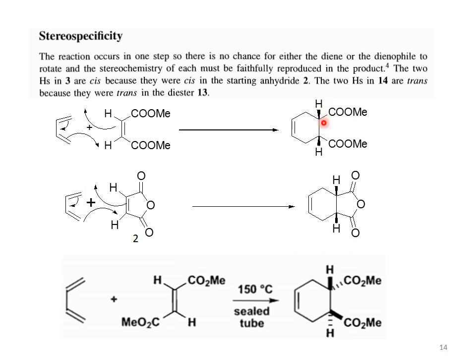See this one, the two hydrogens attached with this dienophile are cis to each other. Both hydrogens are on the same side of the double bond and the ester groups are on the same side of the double bond. So this is a cis alkene, or we can say it is a cis dienophile.